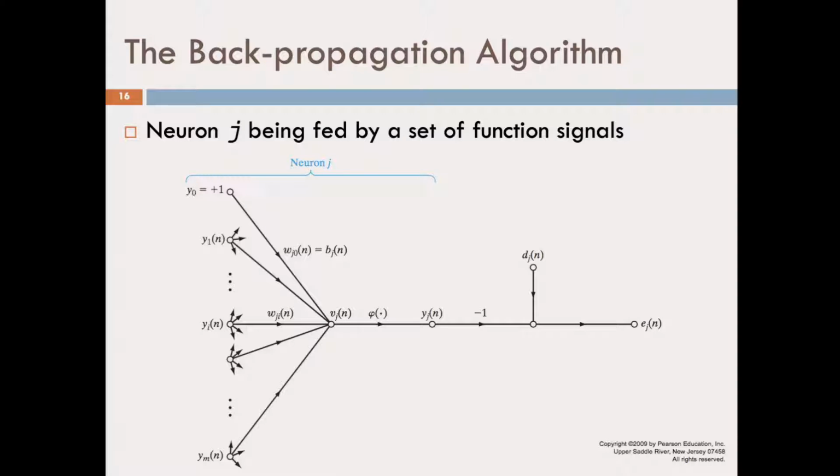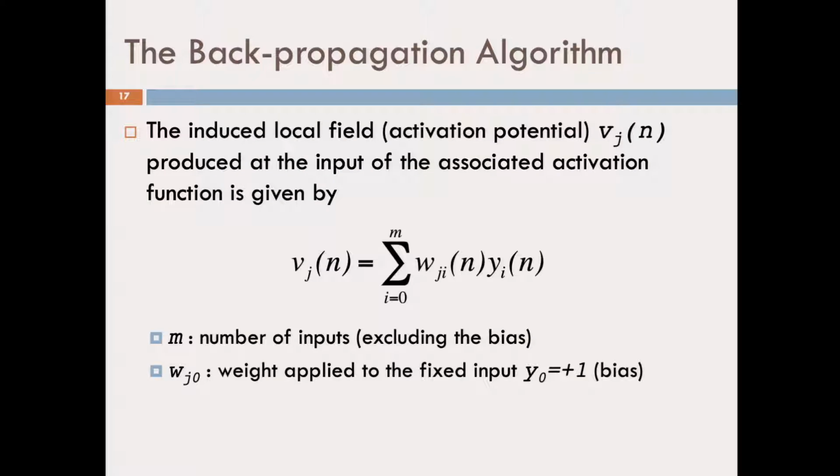And then we calculate the error of the neuron, by taking the desired output minus the output of the neuron. Good? So I'm just putting here a mathematical formulation. You already saw this, right?